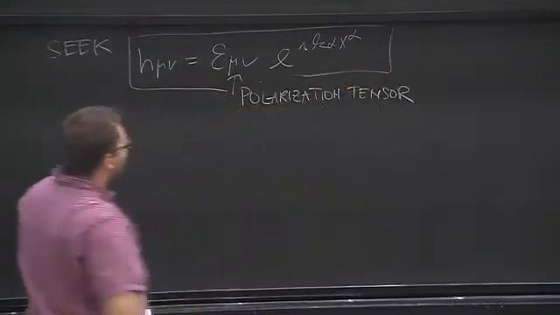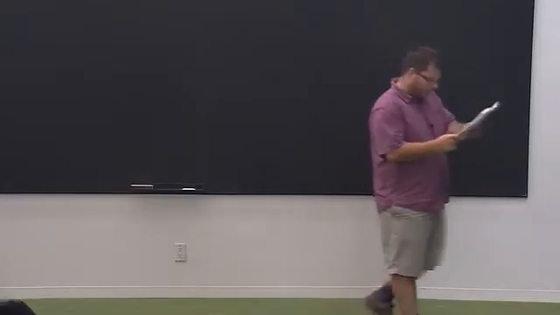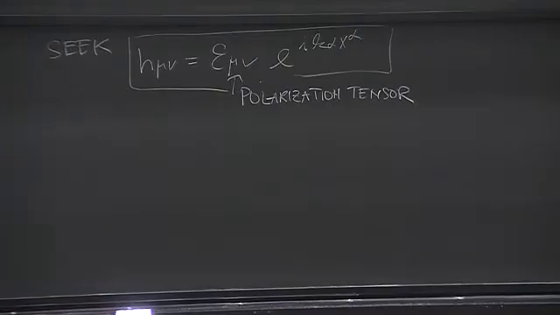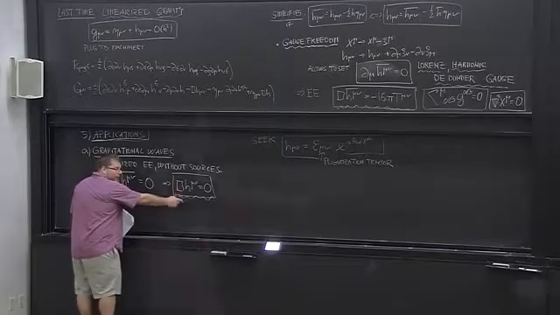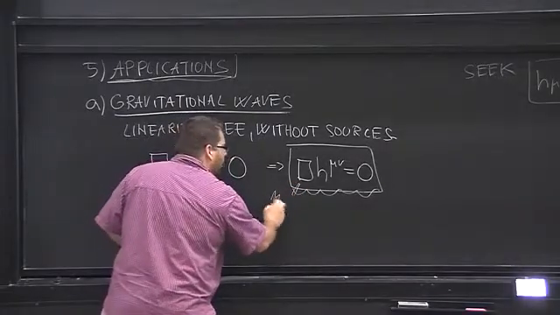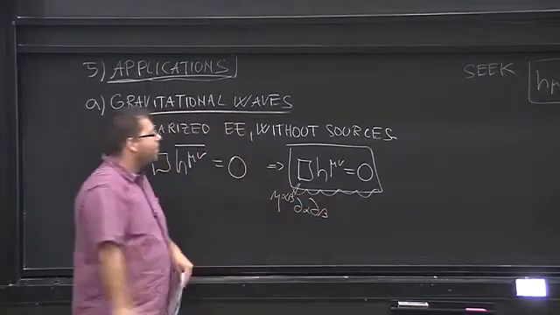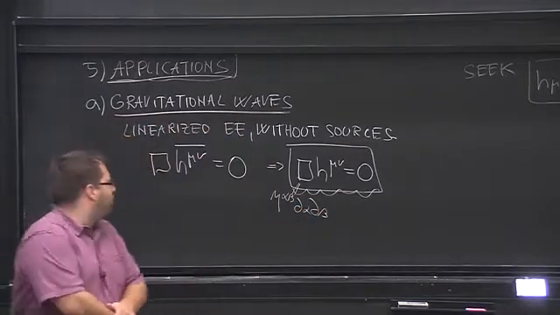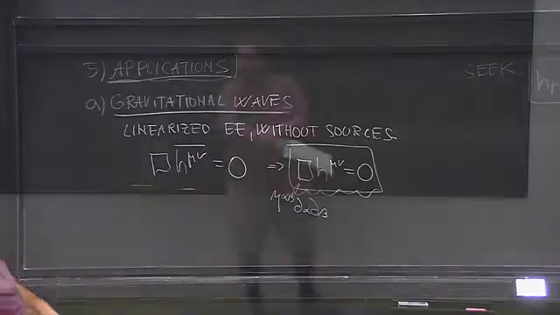Of course, this is a complex ansatz, as any plane wave solution is, and so in the end, you'll have to take the real part if you want to have a real metric. Okay. So now, if you plug it into this equation here, this box is just a flat box. It's just eta alpha beta d alpha d beta. And so each derivative will just bring down the wave vector k.